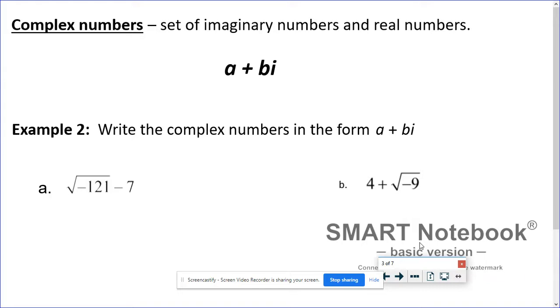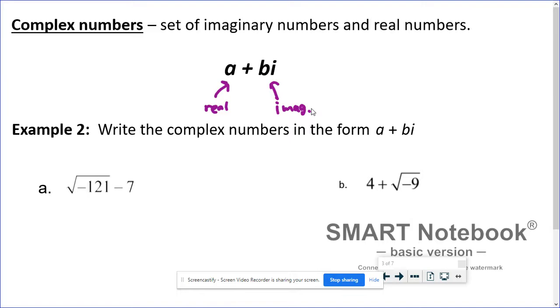So complex numbers are a set of imaginary numbers and real numbers. As I was saying with that organization chart, where I had complex numbers split into imaginary and real, a complex number has both. The a is the real part. The bi is the imaginary part. Complex numbers are considered in standard form, or simplified, when they're in that order.